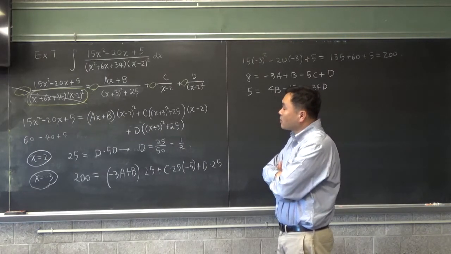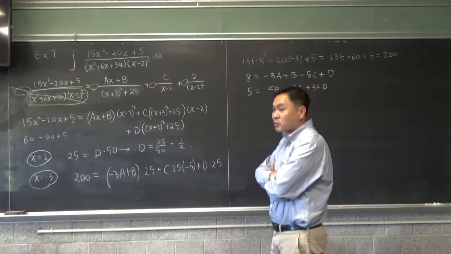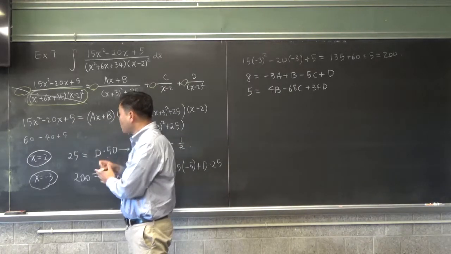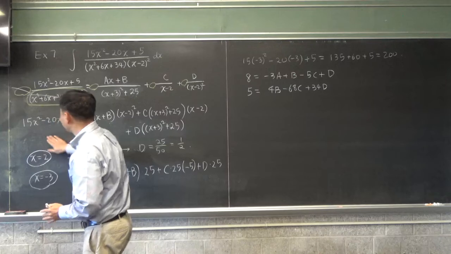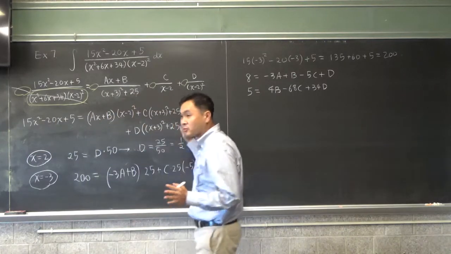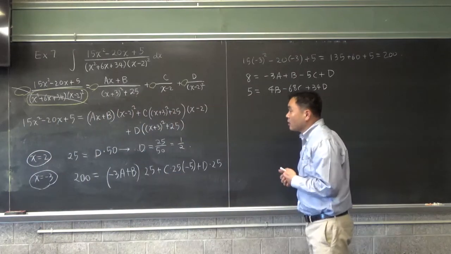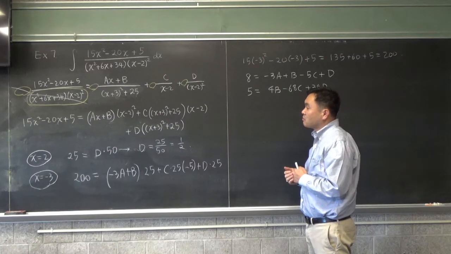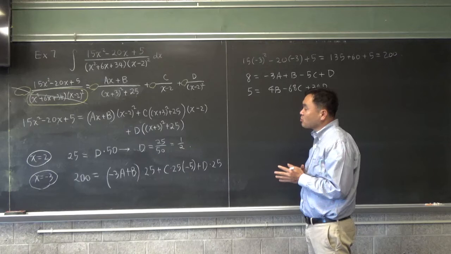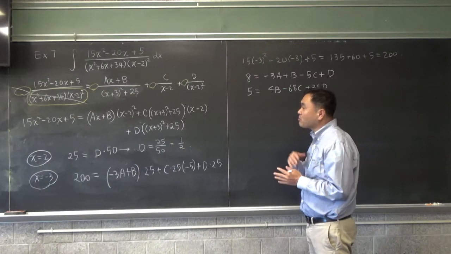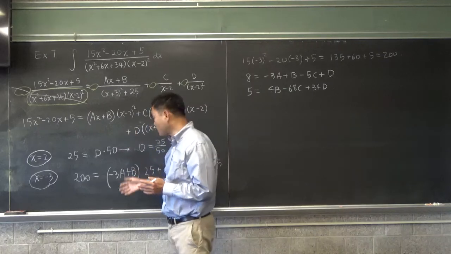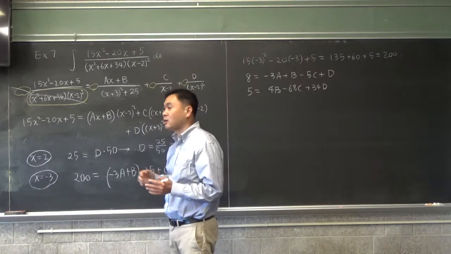Okay, so going back, here's what we're trying to do here. We know that these 2 sides should be equal as functions, right? This should equal this one as functions. And being equal as functions means that for whatever value you plug in, the left side and the right side should produce the same number, and that's how we got these equations, right?